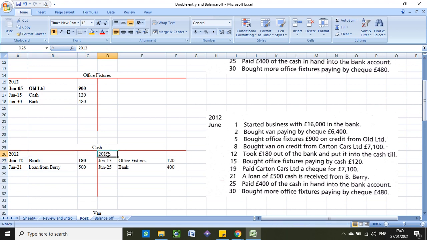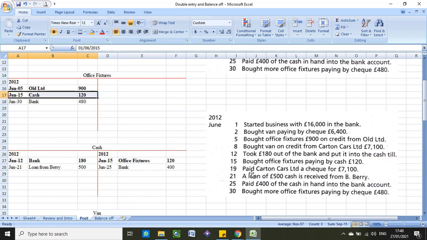So our cash at this point will go down because we purchased office fixtures. You can see the entry there, 2012, June 15th, office fixtures 120. If I were to go to the debit side of this account, I should see the same entry, June 15, right here. So that is the debit entry.